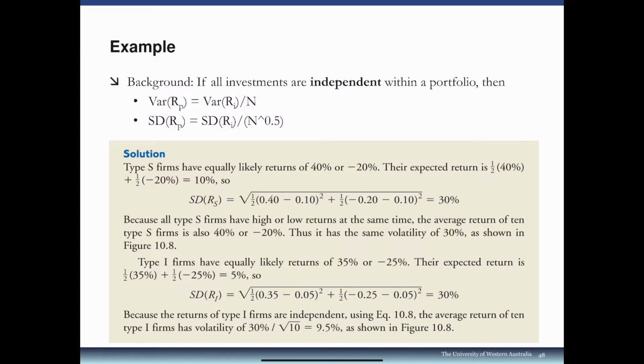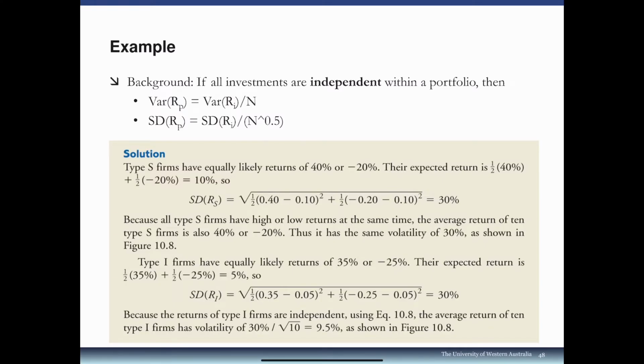I know that it's 50% chance of hitting 40%. So we'll be using the variance formula: a half times the return minus expected return squared, plus a half, which is another probability, times minus 20 minus 10%, the expected return, squared. So the standard deviation of RS is 30%.